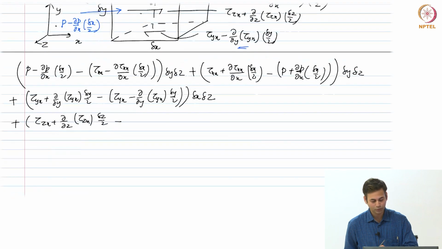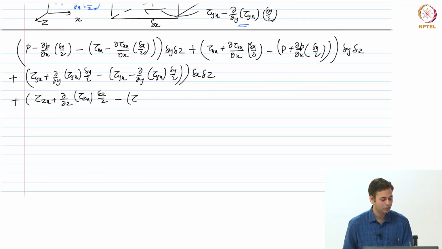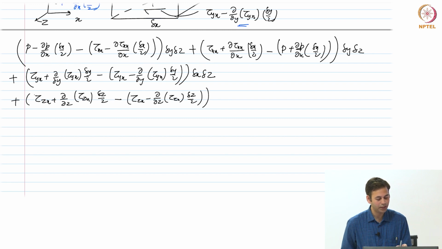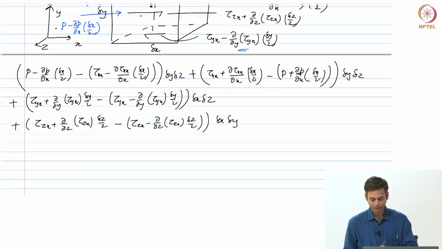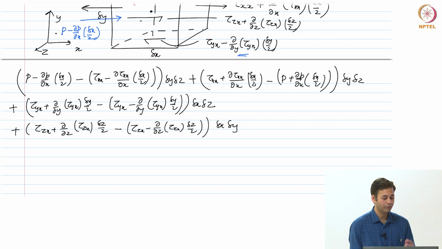So, this would be minus tau zx minus partial z tau zx delta z by 2, multiplied with the area being delta x delta y. So, these are the forces in the x direction that act on all the faces, on the east, west, north, south and front and back faces. These are the forces arising out of the surface forces.